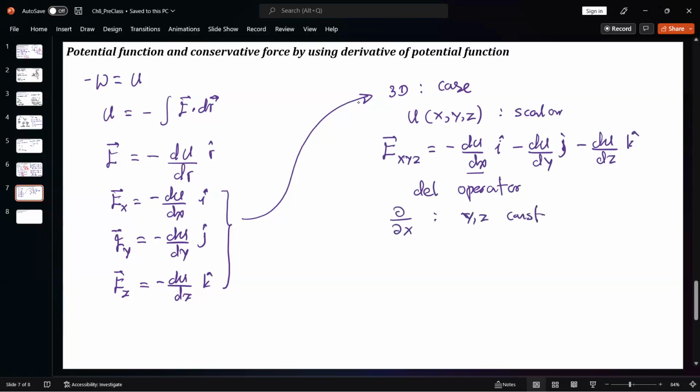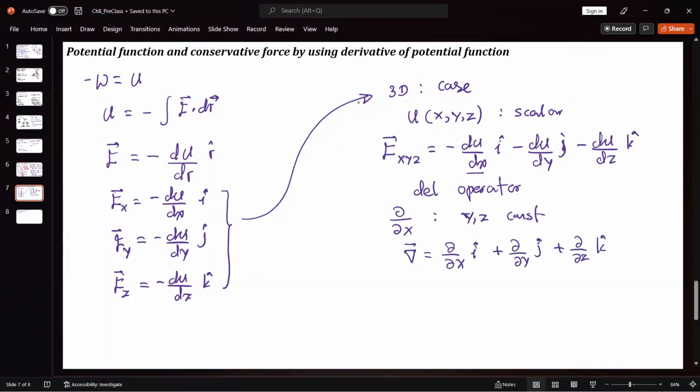Similarly, when I do partial over partial y, x and z remain constant, and so on, which means the del operator actually looks like this. The del operator is a vector: partial over partial x i hat plus partial over partial y j hat plus partial over partial z k hat.